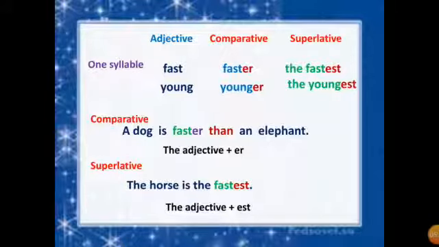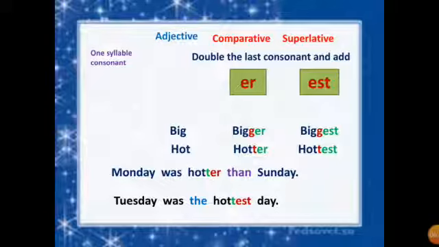Now, one syllable ending in a consonant. Big, bigger, the biggest. For the adjective big, double the last consonant g and add er in comparative form. And in superlative form, double the last consonant g and add est.